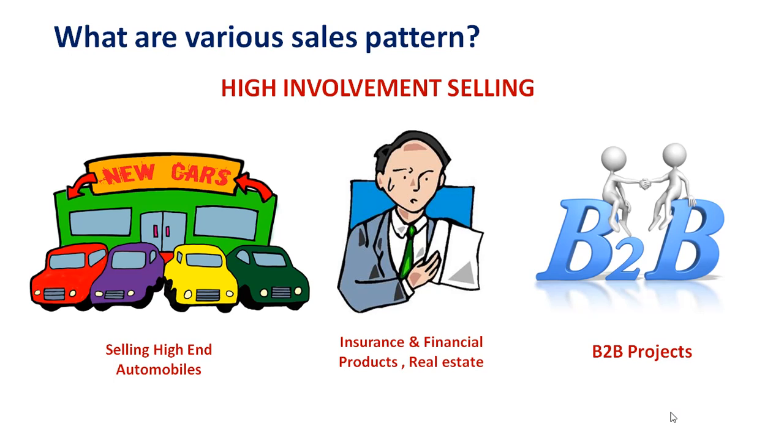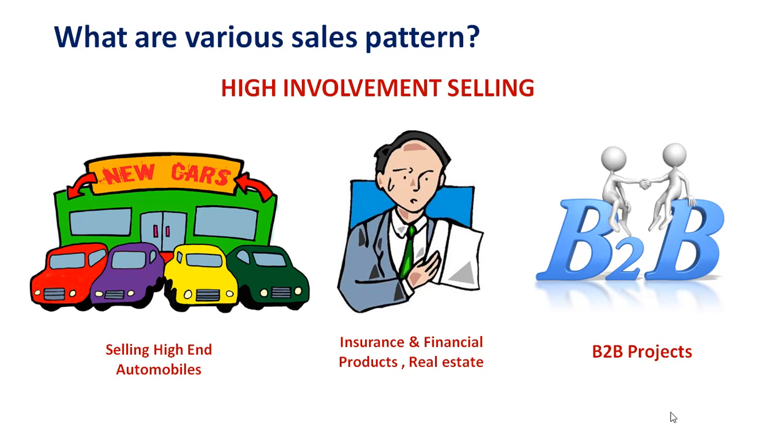So now many consulting organizations, project organizations, automobile organizations, and white goods companies are doing lots of research, lots of efforts, lots of analysis on how they can constantly improve their high involvement selling. So I'll explain a few of the strategic steps of high involvement selling.